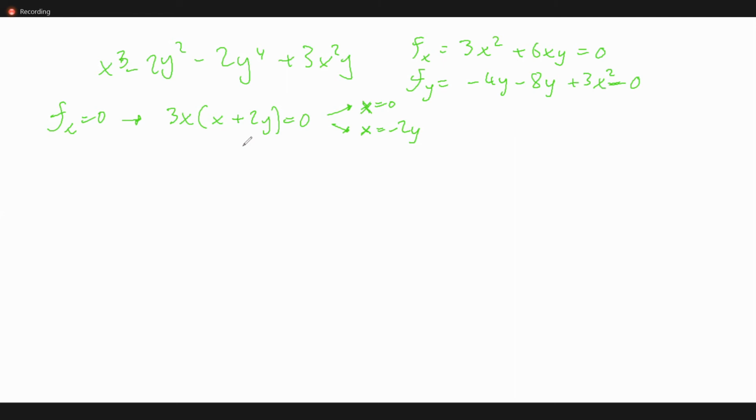Now let's look at what happens to the second derivative, fy equal to 0. Let's see what happens when x is equal to 0. When x is equal to 0, the partial derivative becomes negative 4y, negative 8y. Sorry, this is y cubed, sorry. Is equal to 0.